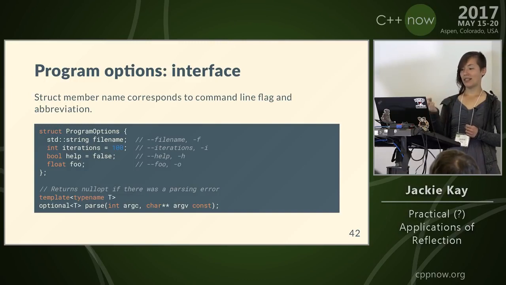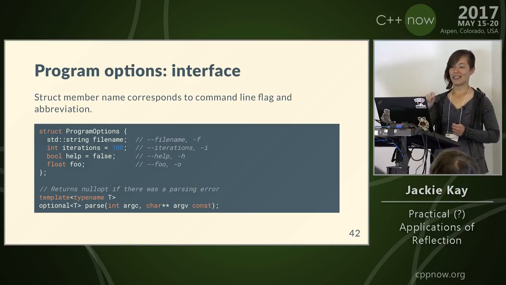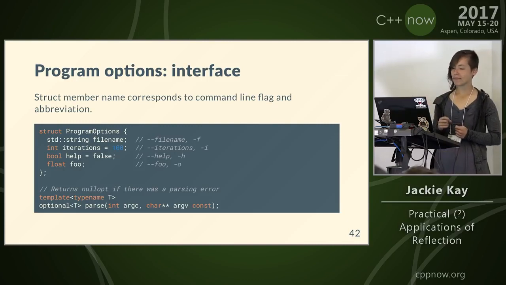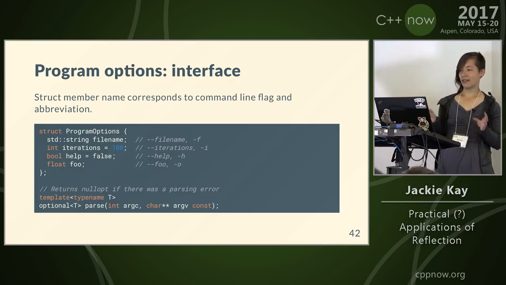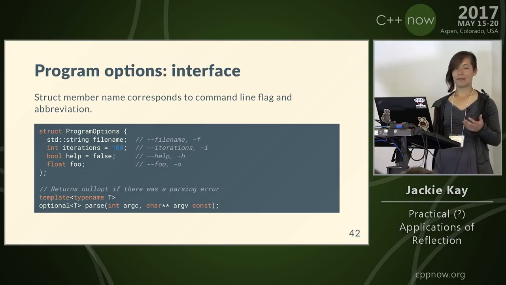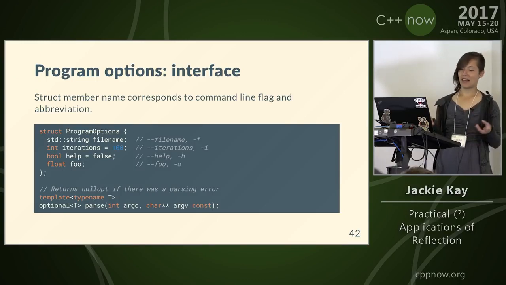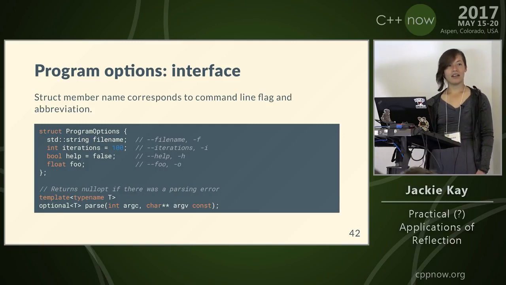For example, std::string file_name, you'd specify setting that in program options as --file_name or -f. The interface to our toy library is just parse(argc, argv), and it returns an optional that is nullopt if we found an invalid flag or if there was something weird about the argument vector.